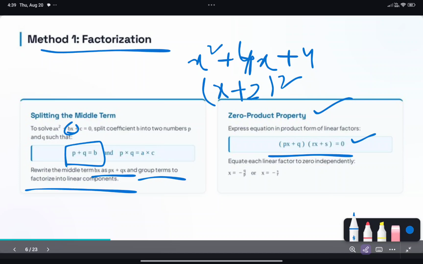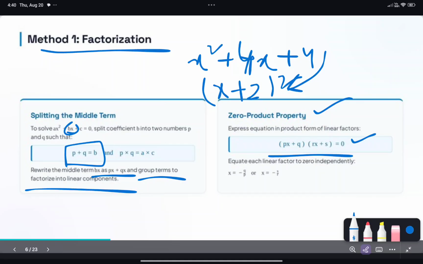A plus b whole square is equal to this one. Clear? X square plus 4x plus 4, this is the quadratic equation. For example, this is x plus 2 whole square, the a plus b whole square identity.